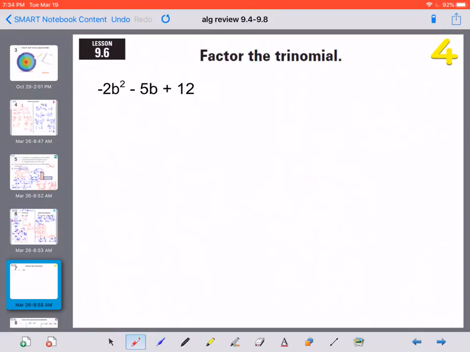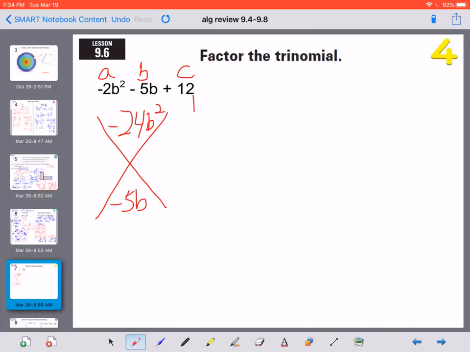Next problem, we got to factor this one, so we're going to continue just factoring. So we're going to draw a diamond. Now this time our A is negative 2, and our C is 12. So we'll have negative 24b squared. Our B is negative 5. So negative 5b. Now the factors to get negative 24 would be 1 and negative 24, or negative 1 and 24.